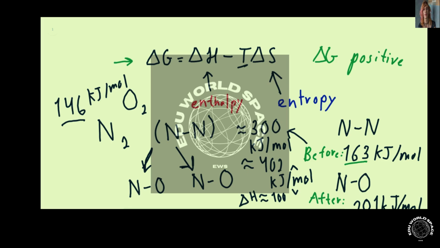As we split N2, the entropic increase is not very big because we're going from N2 and O2 to NO and NO, so 2 molecules to 2 molecules, versus if you're splitting a hydrocarbon, where you might have one hydrocarbon and one O2 splitting into 14 different additional molecules.